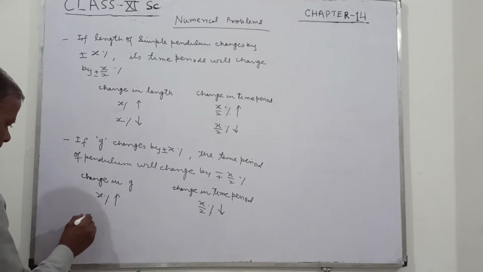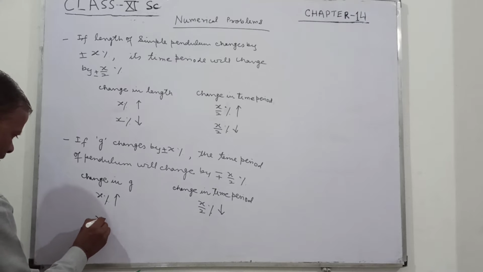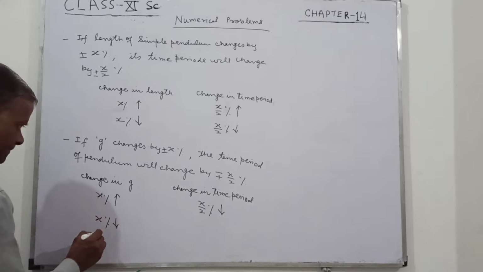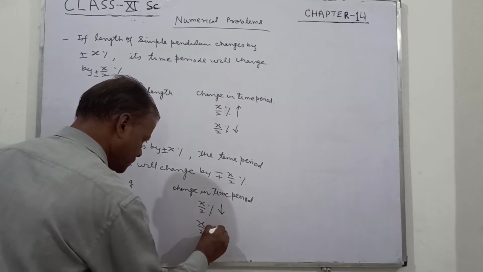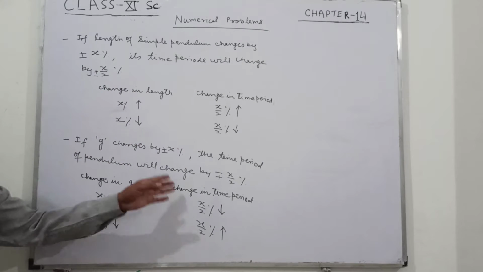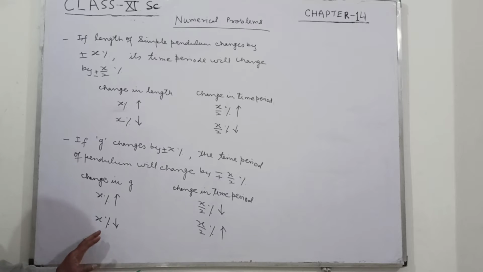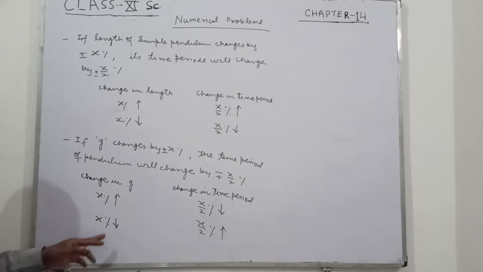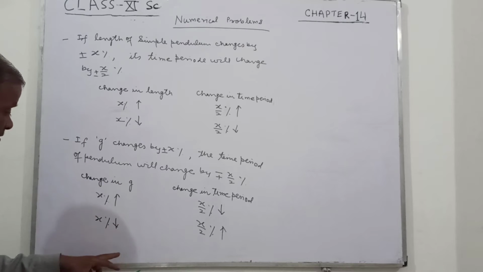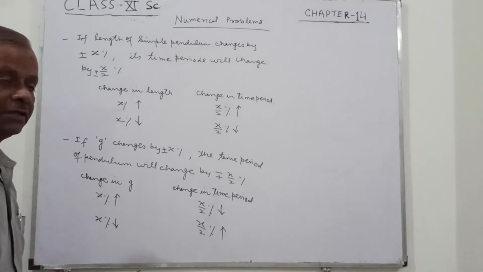If G decreases by x%, then the time period will increase by x by 2%. So this is just opposite to the change in value of g. So again the plus sign is for increasing and down sign is for decreasing.